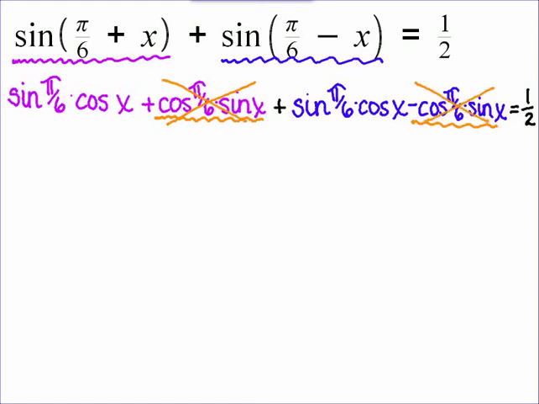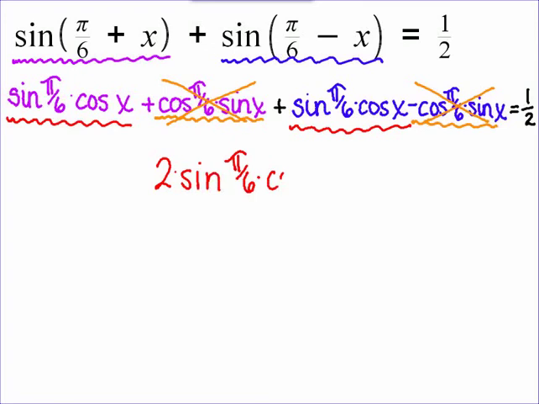So then what I look at is I look at the fact I have sine of pi over 6 cosine x right here. And then I have sine of pi over 6 cosine x right here. So if I add them together, I really have 2. Okay? So that makes 2 sine pi over 6 cosine x. And that's going to equal 1/2.